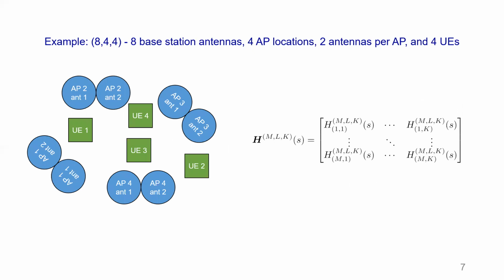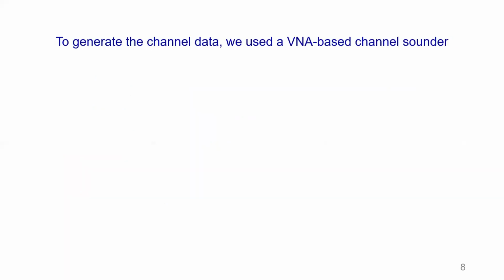For example, if MLK is equal to 8, 4, 4, such a system is a semi-distributed system with 8 total base station antennas, 4 AP locations, 2 antennas per AP, and 4 single-antenna UEs. The channel will be an 8 times 4 matrix, where each 2 rows of the same AP location will share the same large-scale fading.